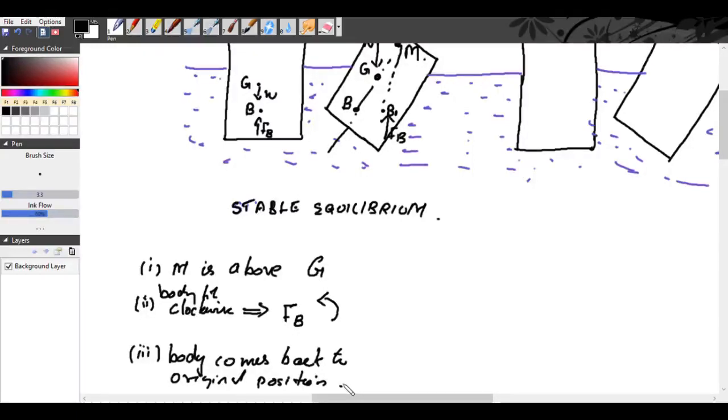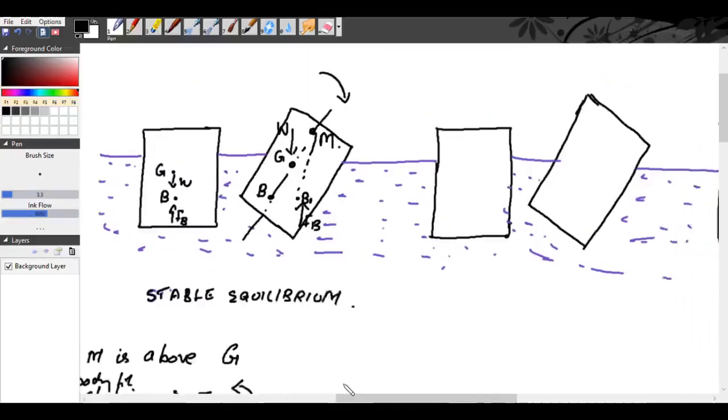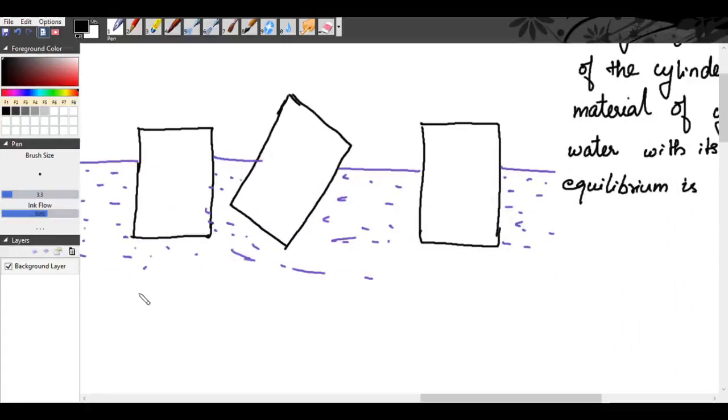Now the second case is unstable equilibrium. For unstable equilibrium, the point M lies below G. So G, B, and M will be lying somewhere such that M lies between G and B, or in other words it lies below G. This becomes our neutral axis.